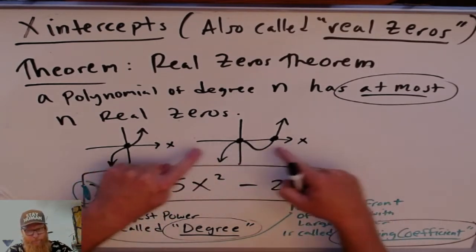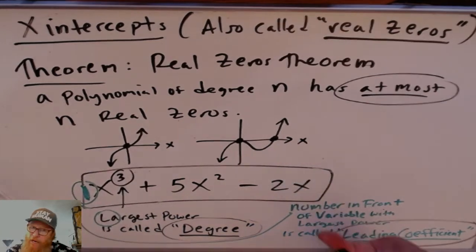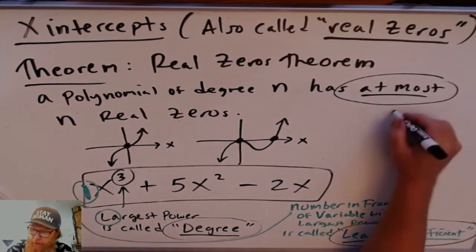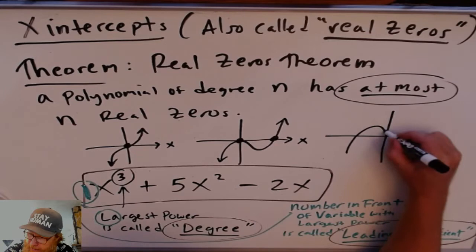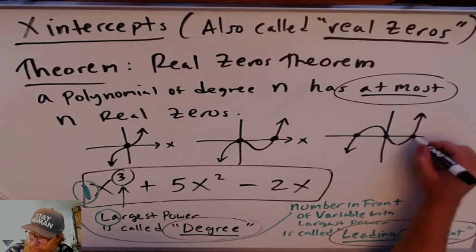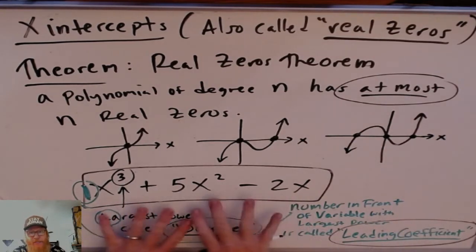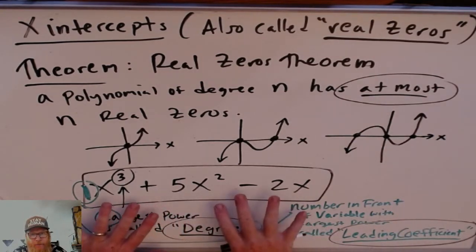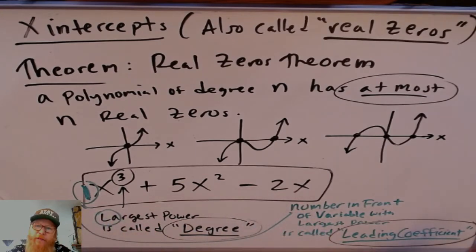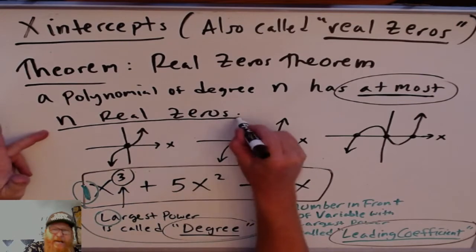Again, I'm only concerned with the x-axis right here. We'll talk about the y-intercepts later. Or it could cross three times. But this polynomial could never cross more than three times. So it's at most whatever the degree is.